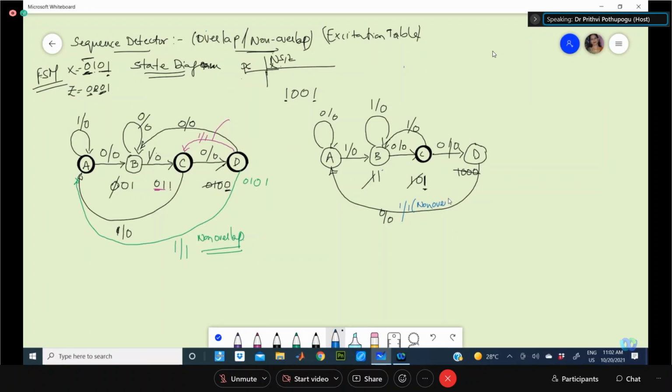And if it is overlap, the last bit is taken as the first bit of the next sequence. When the first bit is identified, the machine is in state B. So it will go back to state B, generating output. So this is the output for overlap.